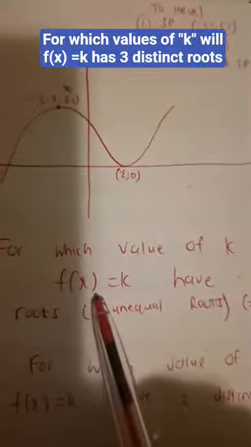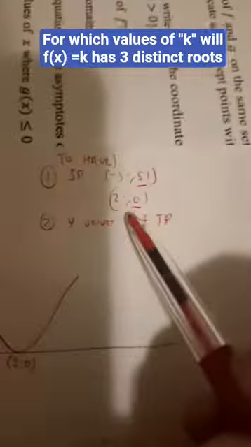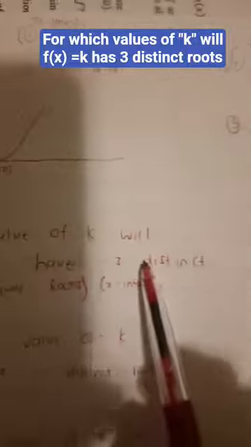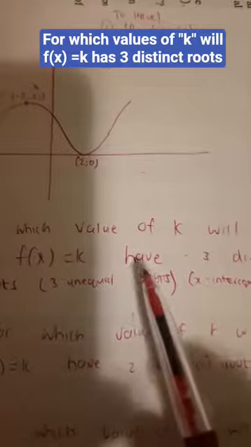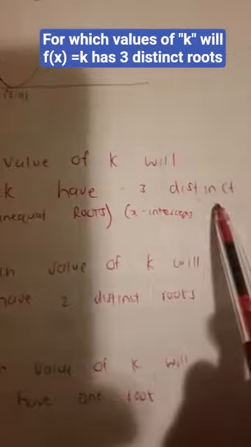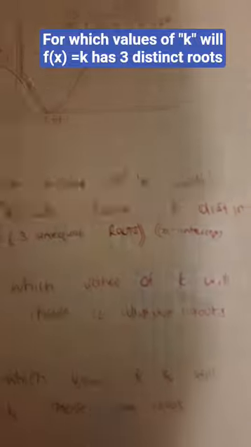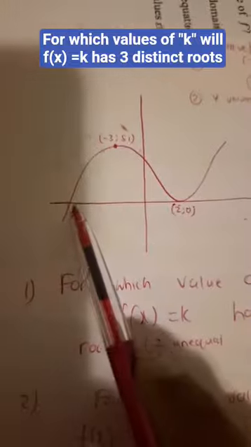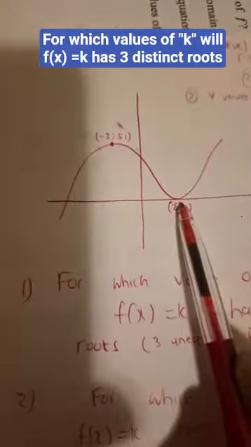So if we are looking at the y values of the turning point, then we are going to ask ourselves, in this function, where do we see us having three distinct roots? So in other words, three x-intercepts, right? So currently we have two x-intercepts. But look at this.